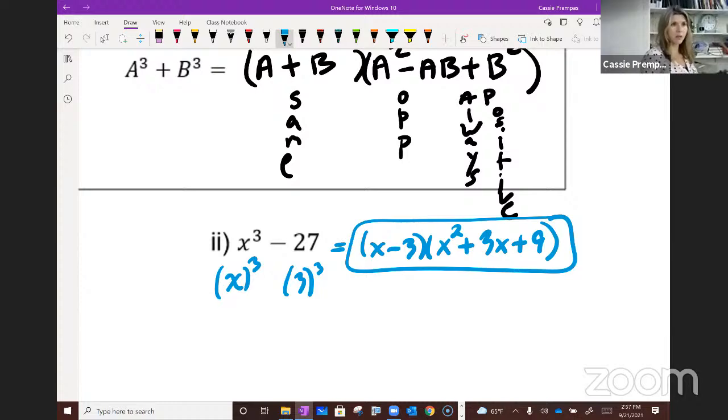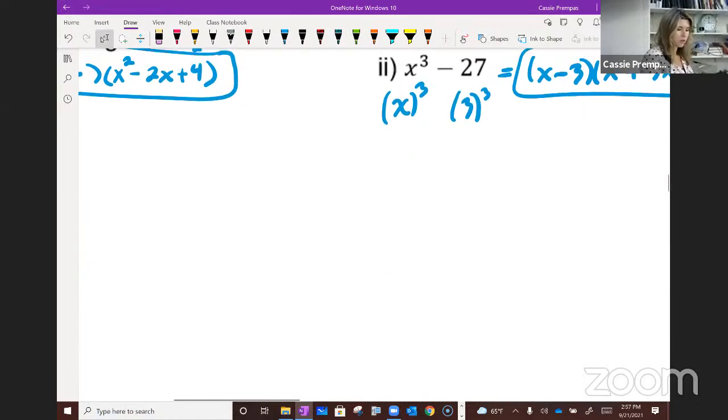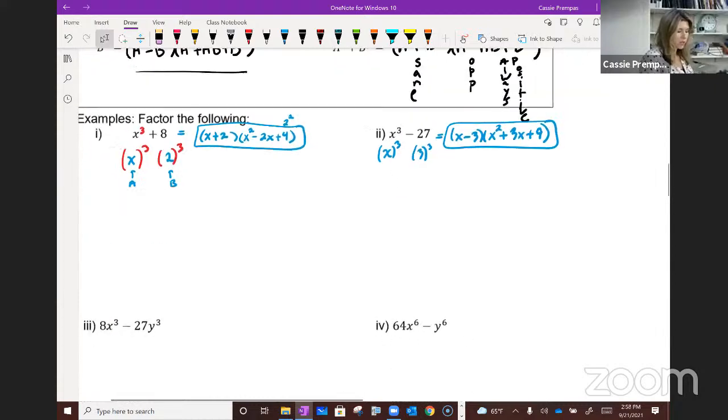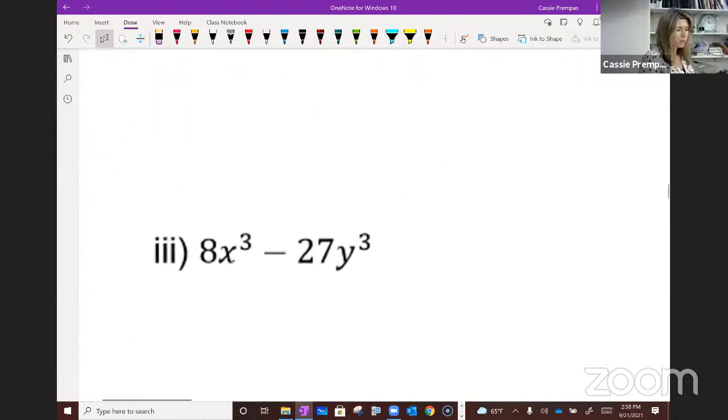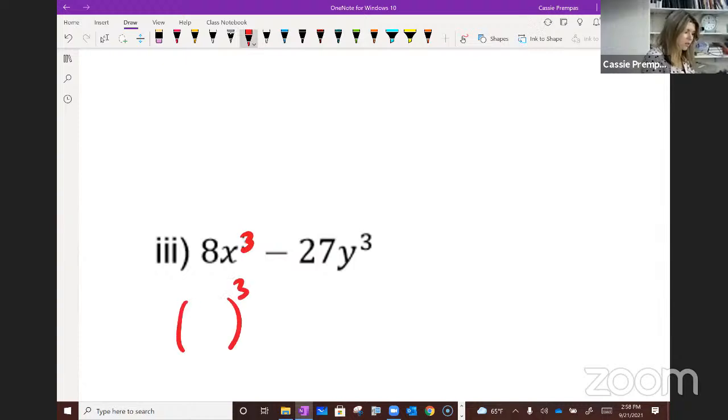And the last one I want to do with you is number 3. Number 3, is there a GCF between 8 and 27? No, you're right. 27 is 3 times 3 times 3. 8 is 2 times 2 times 2. So no GCF. So then I notice a cube. So I want to see, is this the result of something cubed?